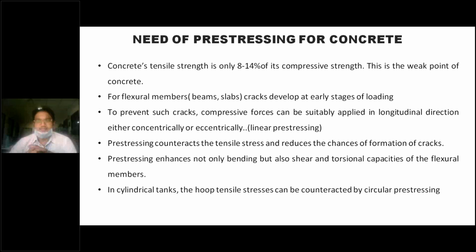That tensile stress can also be counteracted by applying circular pre-stressing to the cylindrical tanks. Not only beams, you can do the pre-stressing for circular shapes or circular structural elements. So this is the need for pre-stressing technology.